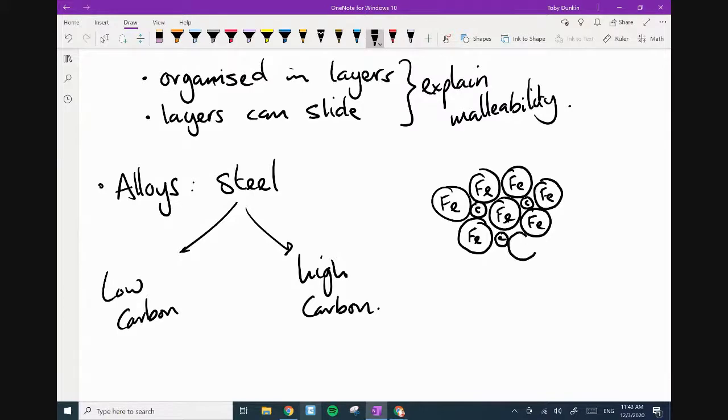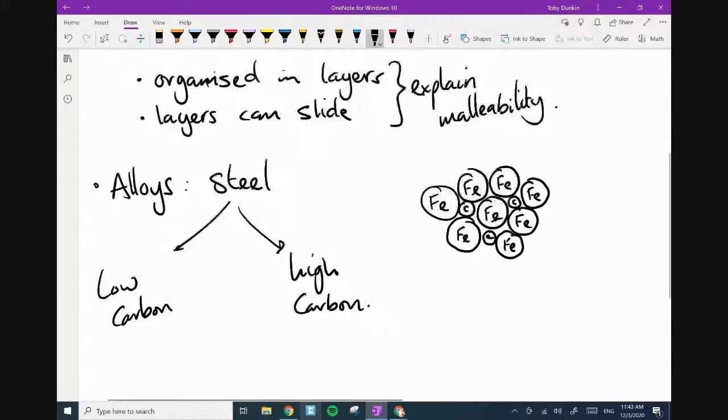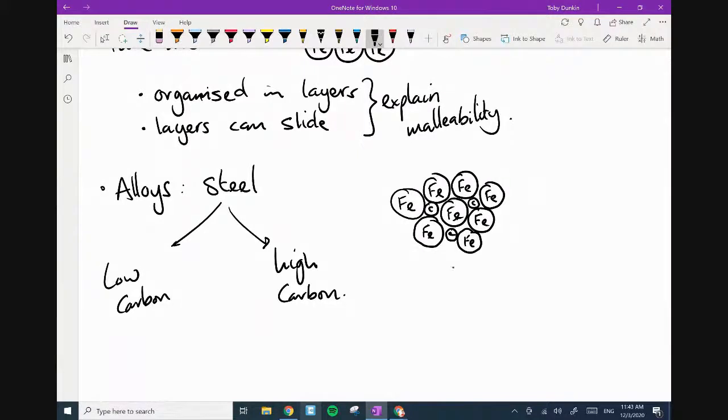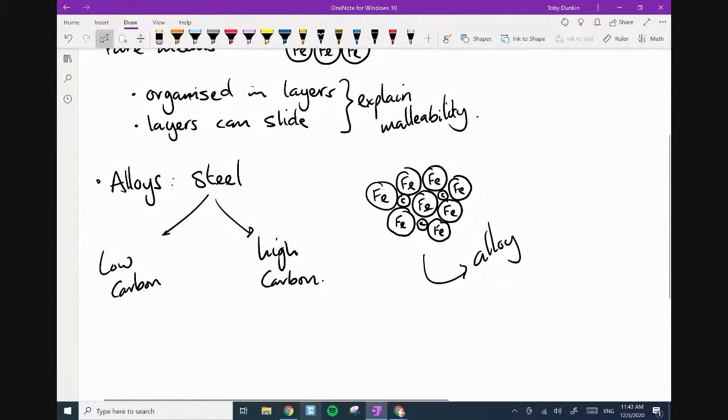carbon. What we talk about in this diagram is alloys, and alloys are stronger than pure metals. The question is why?